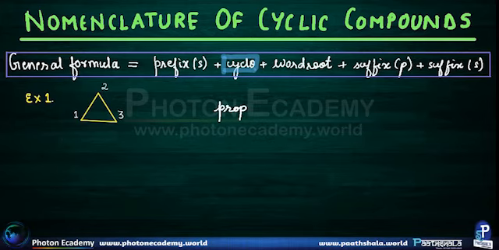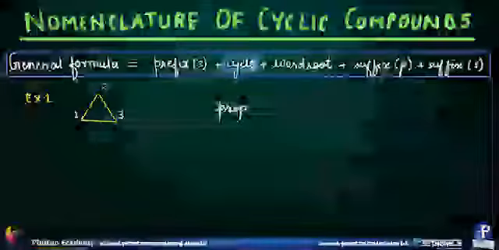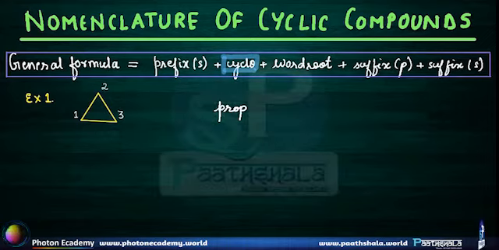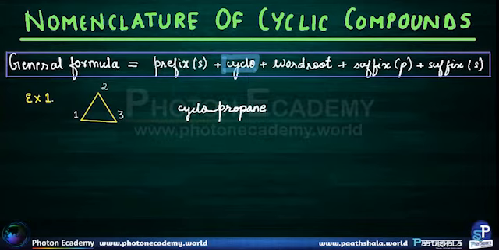Now, there is no prefix present because there is no substituent or double or triple bond, and there is no secondary suffix because there is no functional group. The only primary suffix will be ane because there are no double and triple bonds. And before the word root, we need to add the word cyclo. So, the name of this compound is cyclopropane.